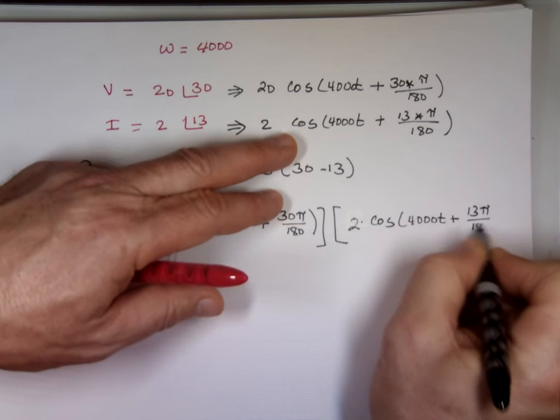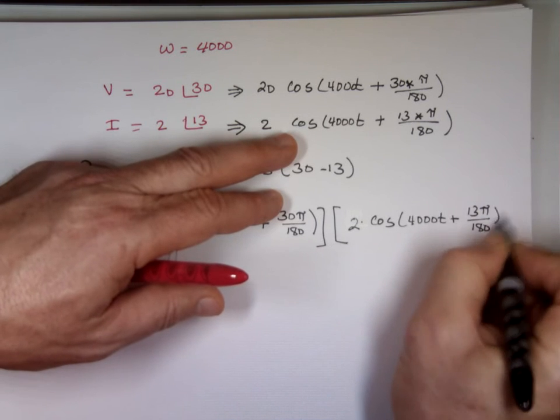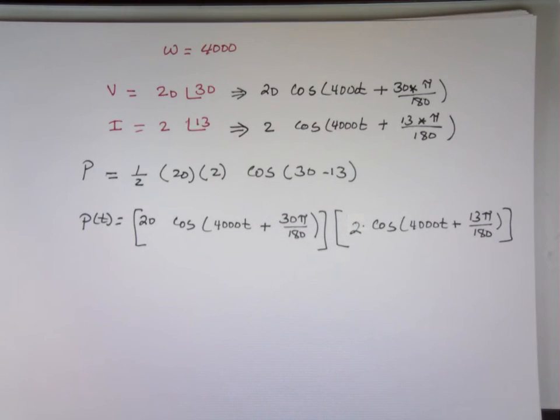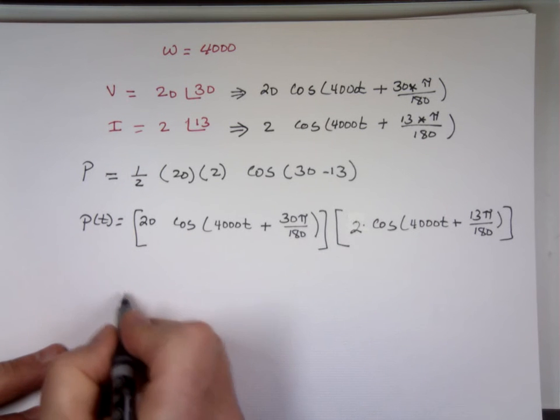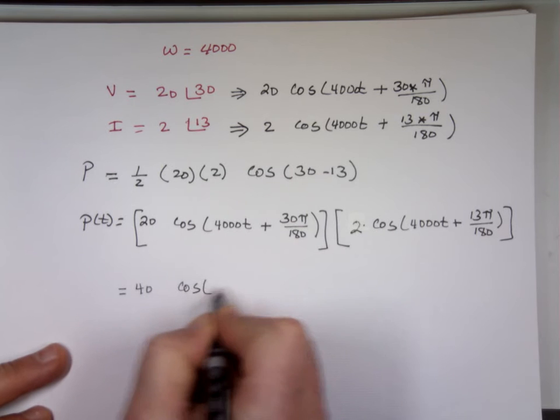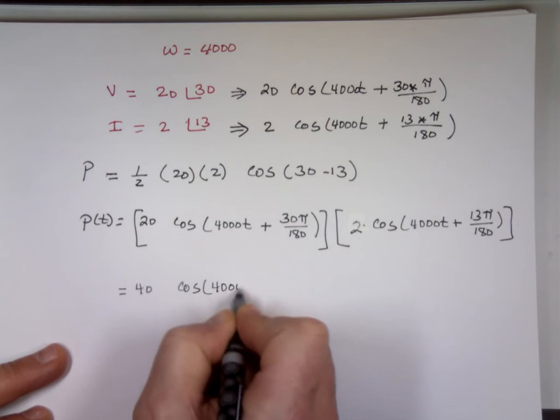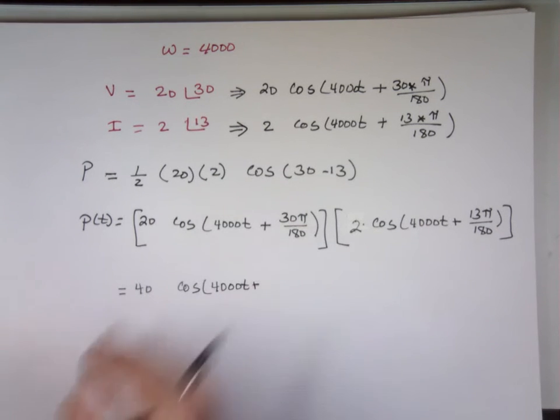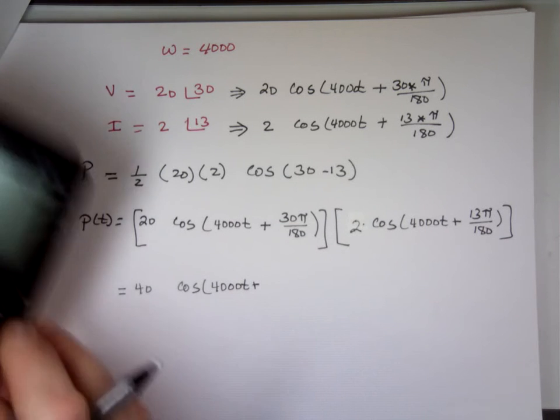And the question: can I figure out the maximum power? Sure you can. Let's do the math. That's 40 cosine. Instead of writing that number, let's find what that value is. 30 pi, that's pi over 6, is it?